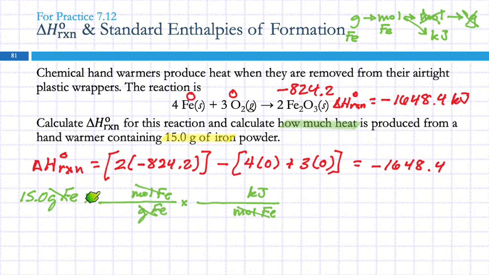This first term is the molar mass of iron. 1 mole of iron is 55.85 grams. And this comes from delta H. It's this many kilojoules, negative 1648.4, for how many moles of iron? For 4.